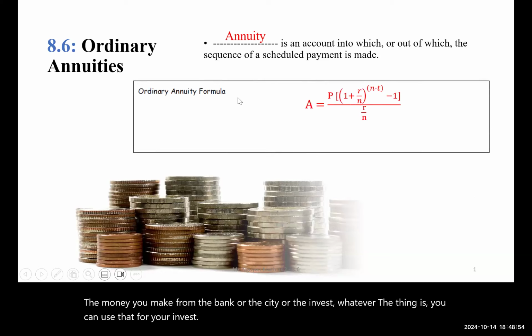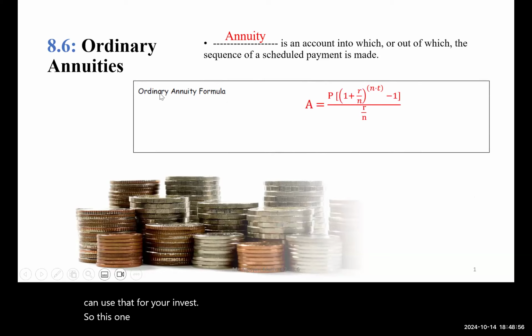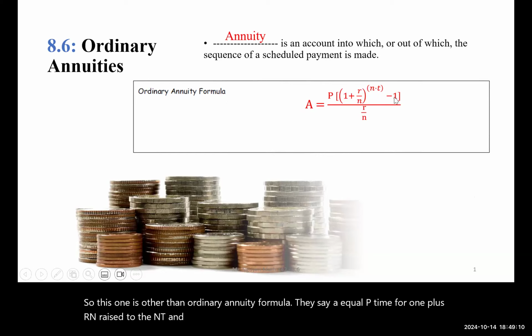So this one is the ordinary annuity formula. They say A equals P times (1 plus r over n) raised to the nt, minus 1, all over r over n.